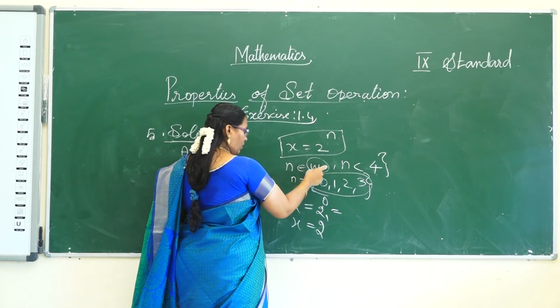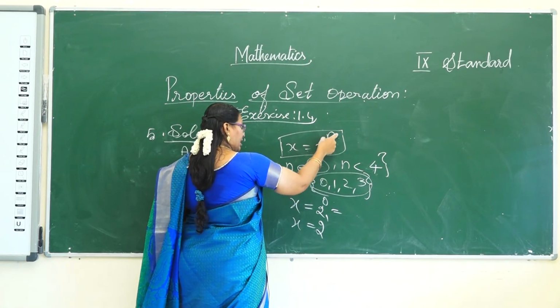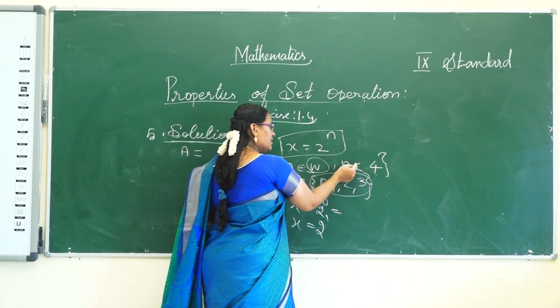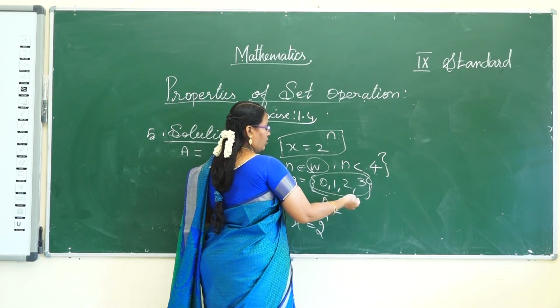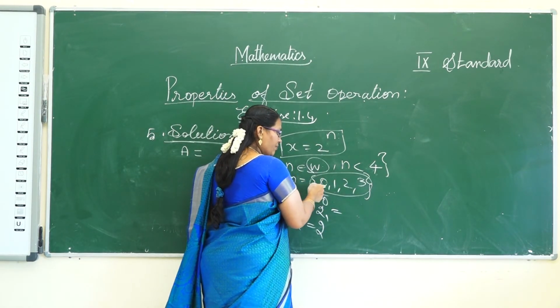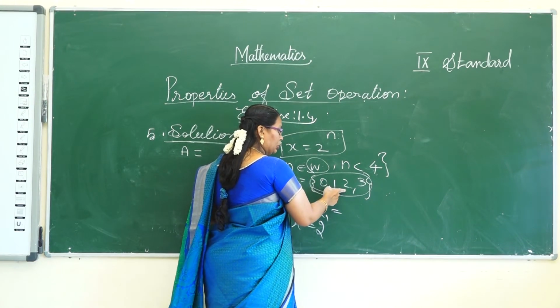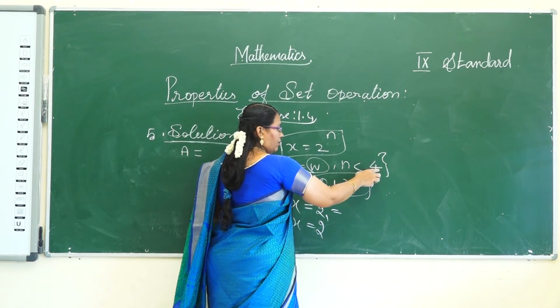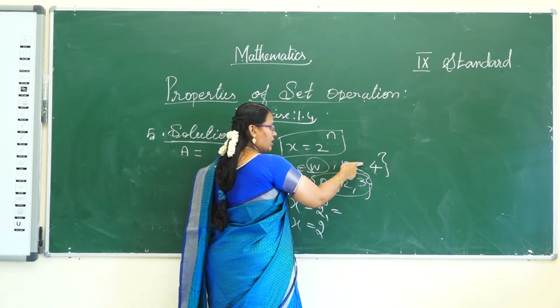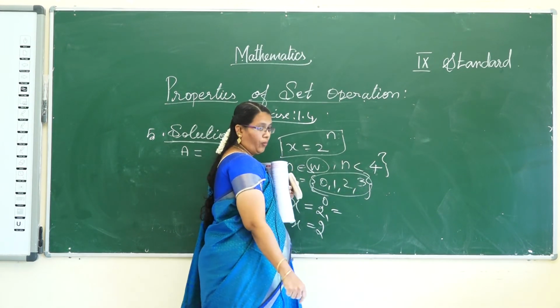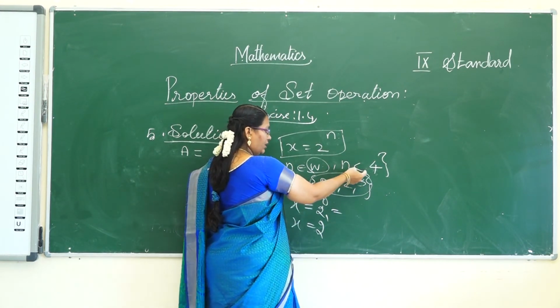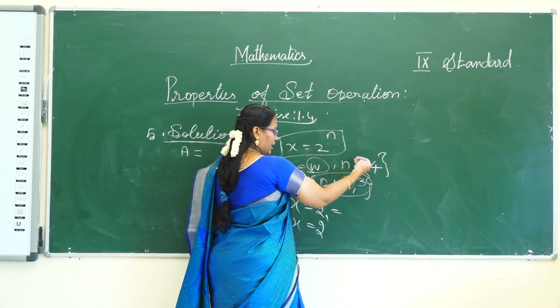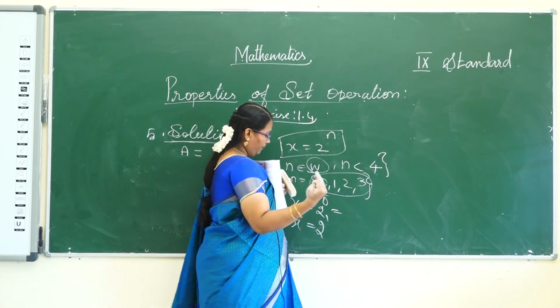The n values are whole numbers in the interval less than 4, so we have whole numbers starting from 0: 0, 1, 2, 3. Since less than 4 is given, we stop at the number 3.